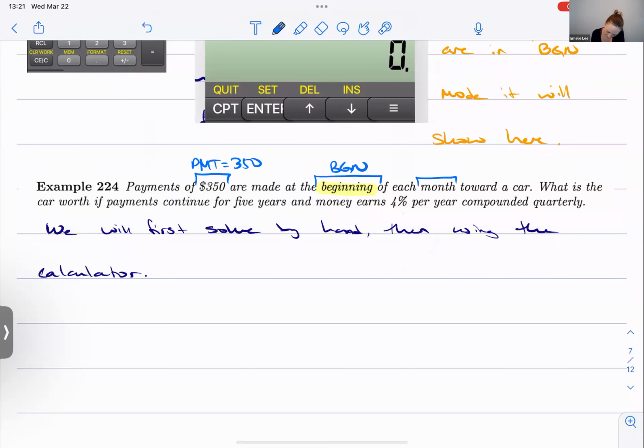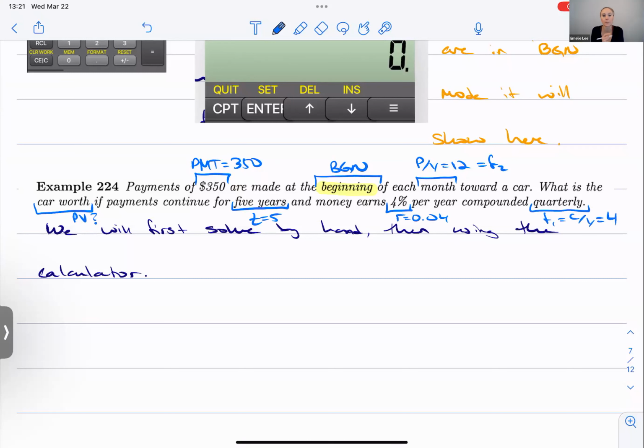At the beginning of each month, so the payments per year is 12, which in terms of calculating I2 is your F2. What is the car worth? That's asking for the present value, so what's it worth today? If payments continue for 5 years, T is 5, and money earns 4%, so R is 0.04 per year compounded quarterly, so F1, the compoundings per year, is 4.